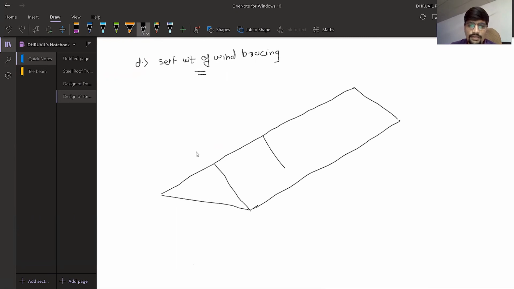Okay, these are the intermediate ones. This will be the central rise.